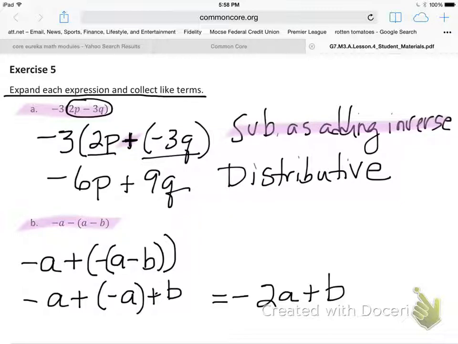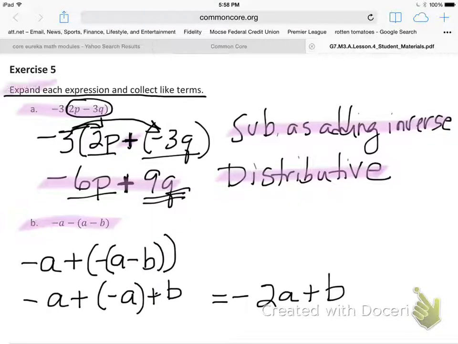And then I just went ahead and distributed. So negative 3 times 2p is negative 6p, plus, of course, I'm talking about sums now, negative 3 times a negative 3q is a positive 9q, because negative times negative is positive. And that, again, was the distributive property, and there is my final answer.